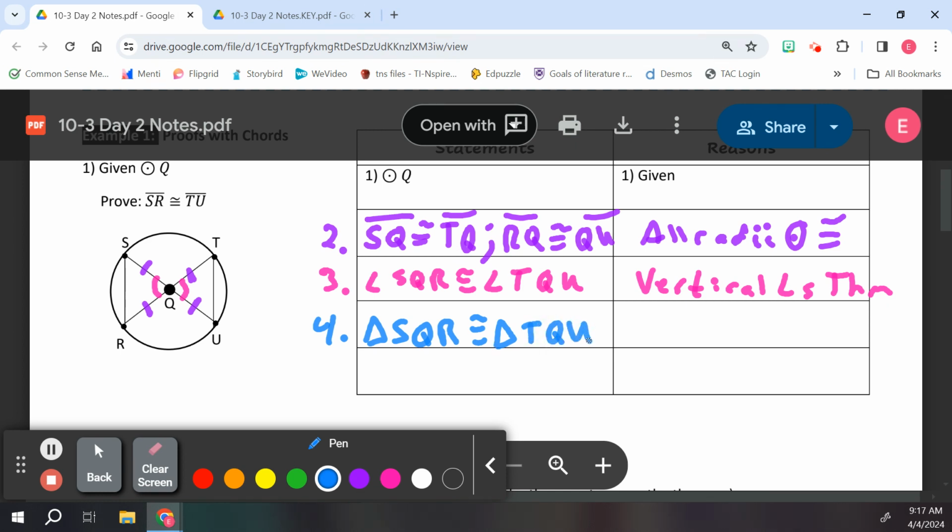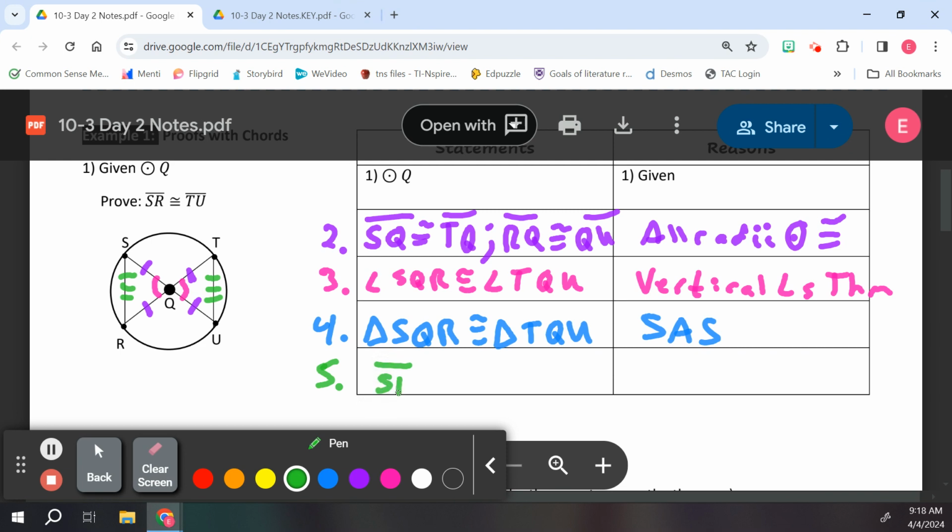And that would be by what? Side angle side. All right, and that makes this congruent with this, which is what we want.